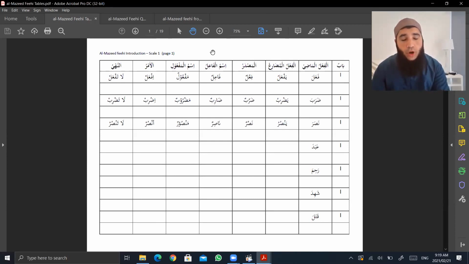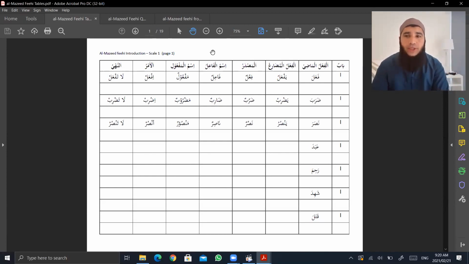Thereafter, we started with al-mazidu fihi in sarf, and we said al-mazid fi refers to when we have taken a trilateral verb, or a verb comprised only of 3 root letters, like fa'ala, and we've increased it somewhat. We've added an additional letter or letters.